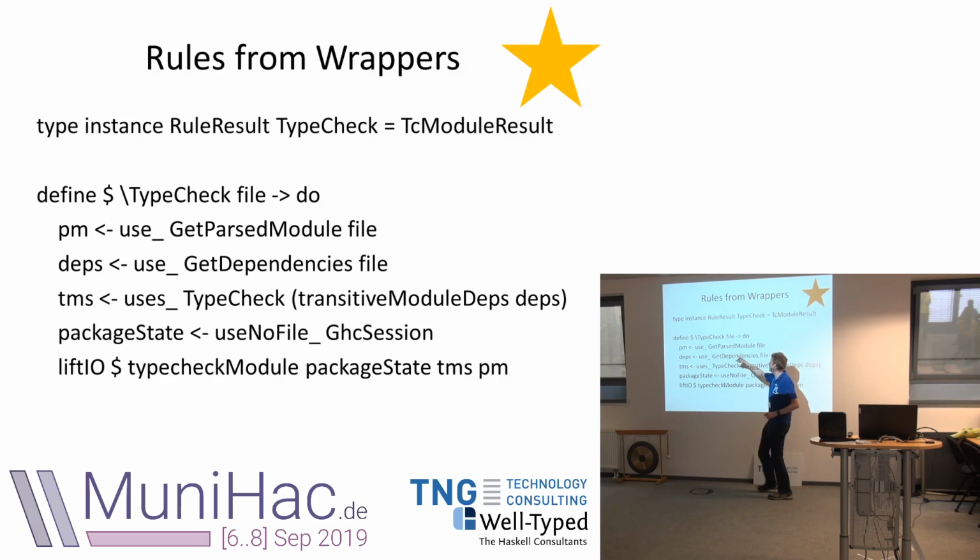And to define the type checking rule, you first get the parsed module for the file. You get the dependencies for the file. You take the transitive module dependencies and type check those. You get the package state, and then you call our clean typecheckModule, passing all that, and that returns you a TcModuleResult and the warnings. So I was very happy when we wrote this code. This to me looks beautiful.